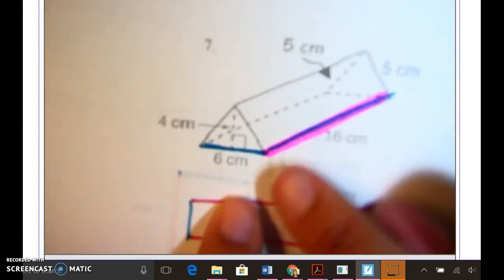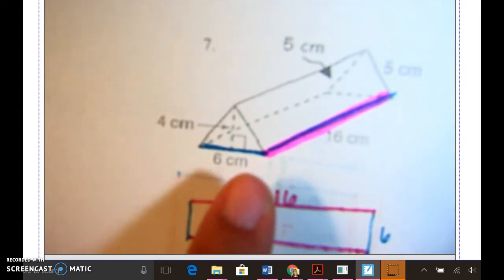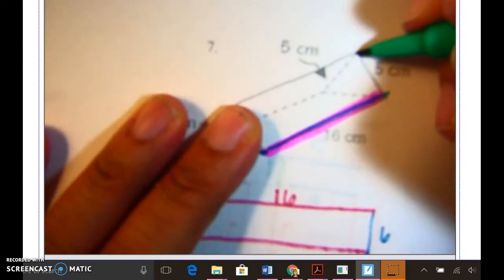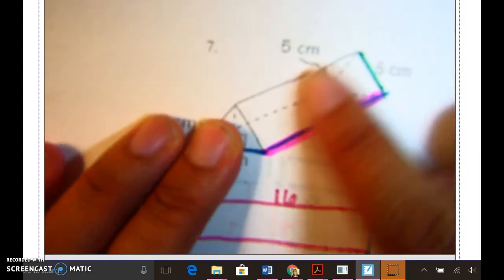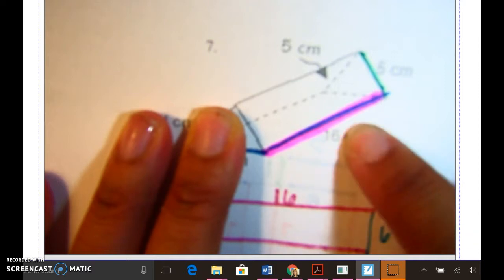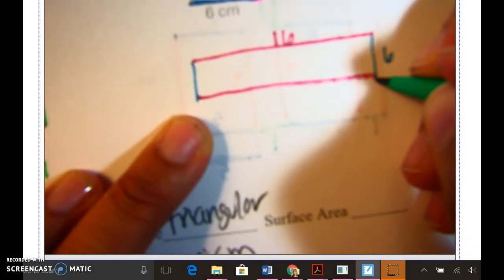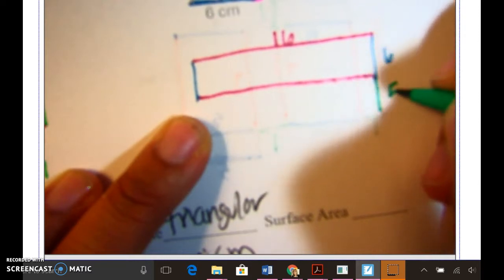All right, well, what's this side going to be? This side. Well, this side's going to be 6, and they're telling me that this is 5. So this rectangle that kind of looks like it's on the side here is a 16 by 5. So I have 16, and I'm going to do 5.